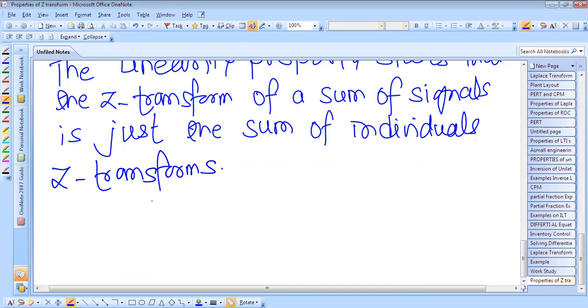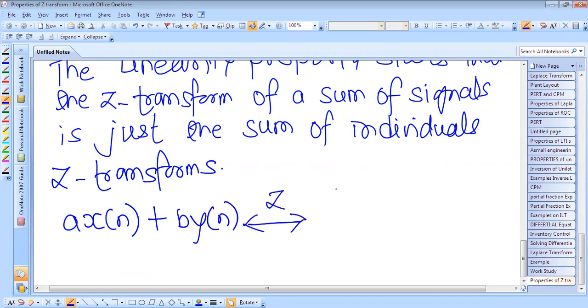And therefore we can write here a into x of n plus b into y of n. Its Z transform is the Z transform of the sum of the signals, which is just the sum of the individual Z transforms.